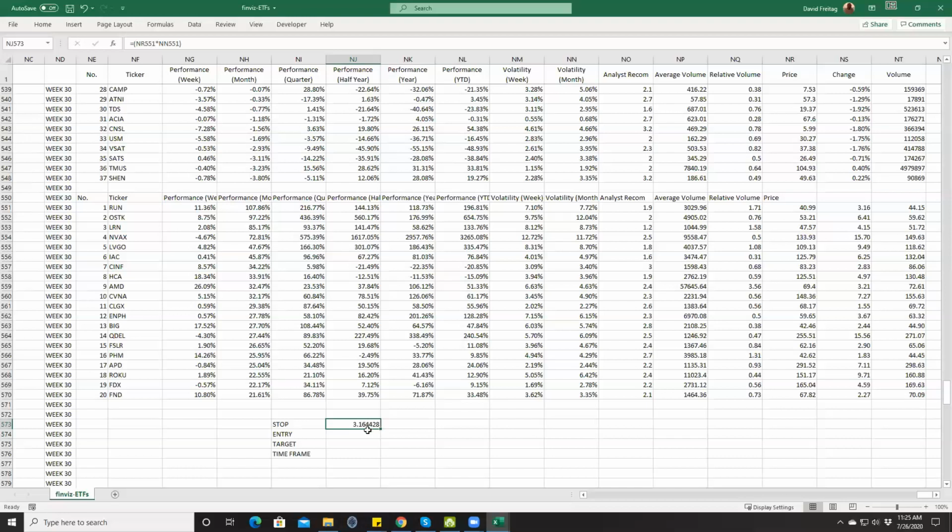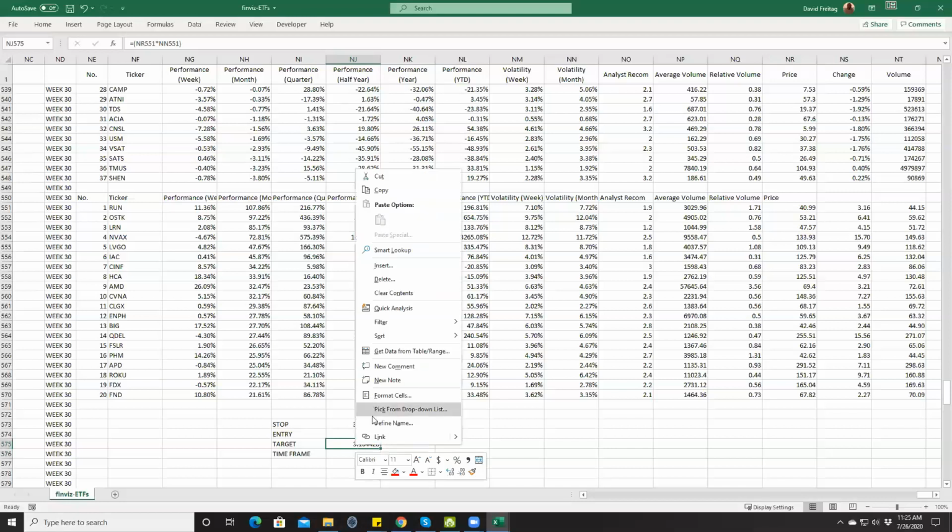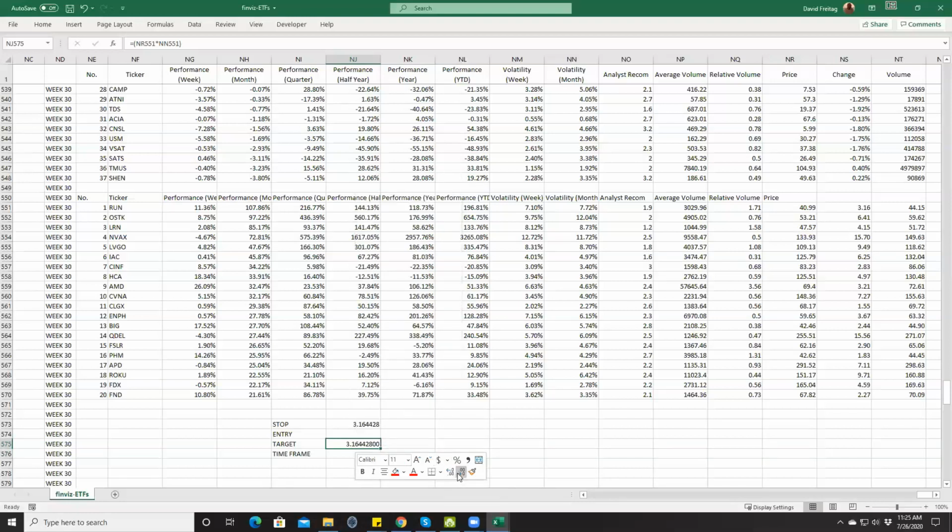I should actually take this and put it here. So let's redo that formula. This is my target: 40.99 times the monthly. And just to make it easy for me, I'm going to shorten that up just a little bit.